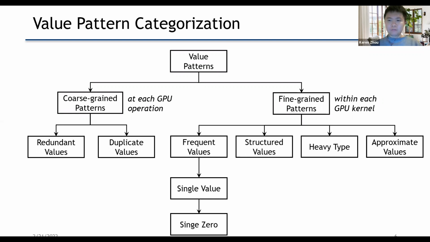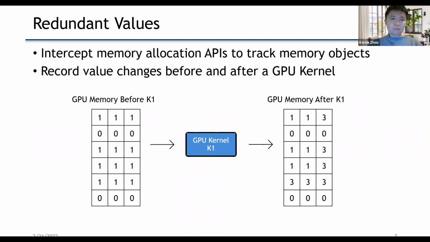Also, there's one special kind of fine-grained value pattern, approximate values, which round up floating point numbers and cast them to other value patterns. In the following few slides, we're going to show detailed examples of redundant values, frequent values, and heavy type. Let's begin with the redundant values, which compares values of data objects before and after a GPU kernel.